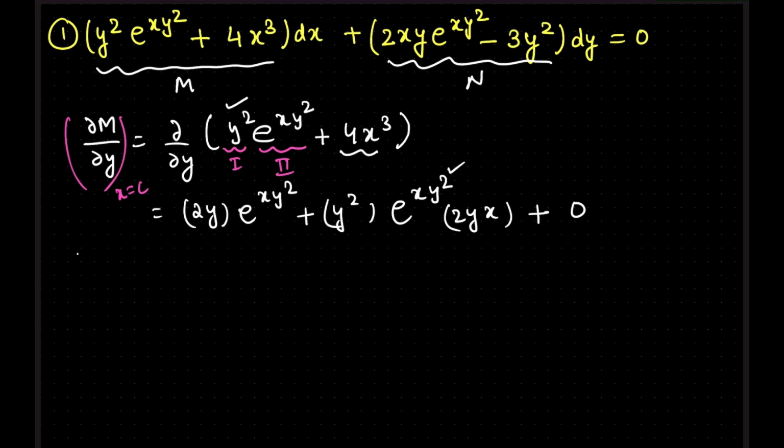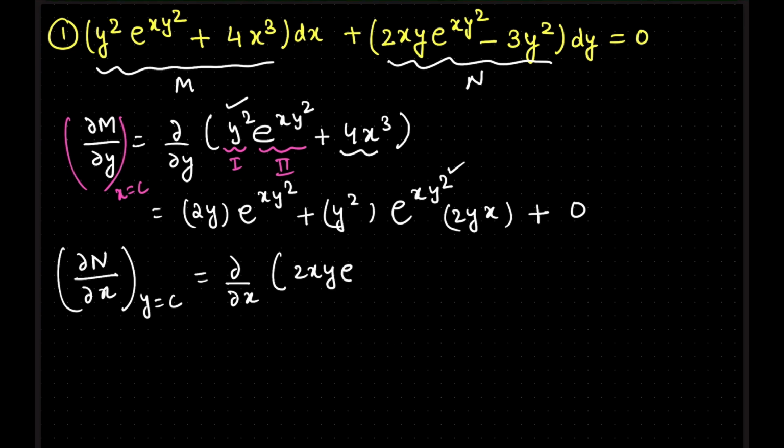Now let's find out ∂N/∂x. Here y will be constant. Rewrite it again: 2x y e to the power x y square minus 3y square. When you start differentiation, here also you will see two functions, this is the first function and this is the second function. So here also you have to apply the product rule of differentiation. When you first differentiate the first term, you will get 2y and the remaining term will be constant.